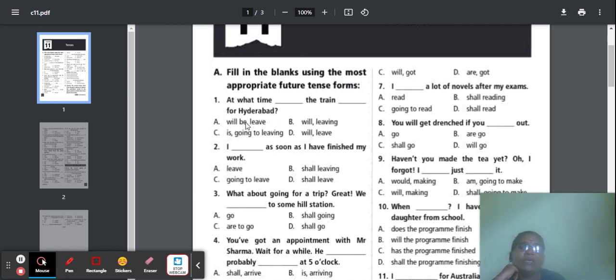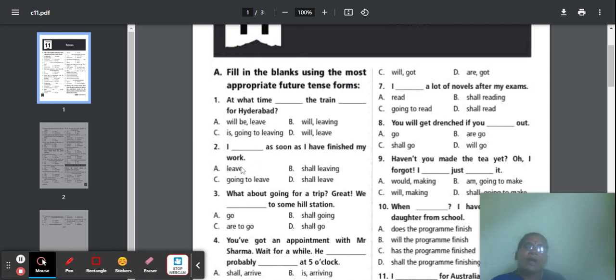This is not future continuous, and "he is going to leave" is different, it won't come here. So at what time will the train leave for Hyderabad? The answer will be option D.